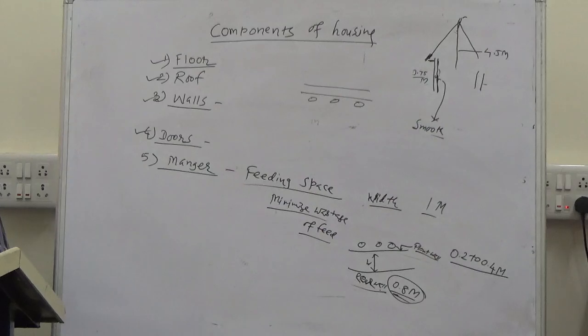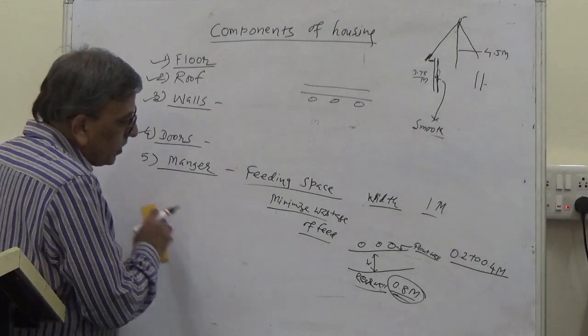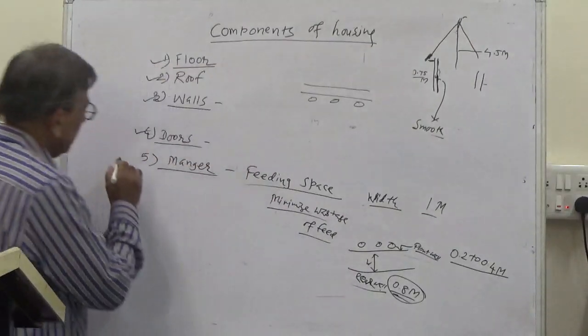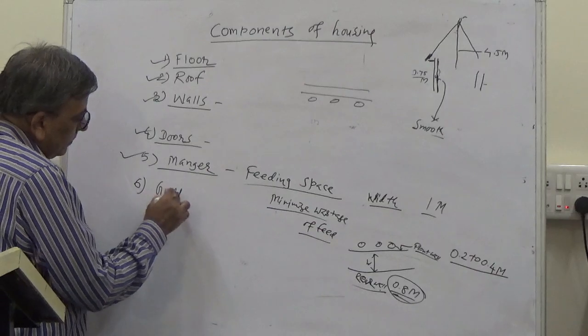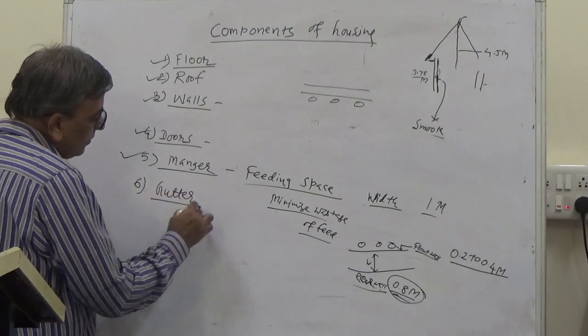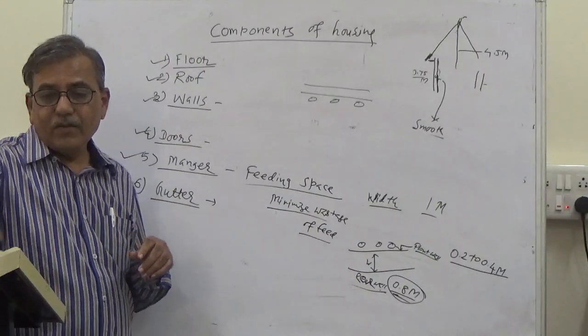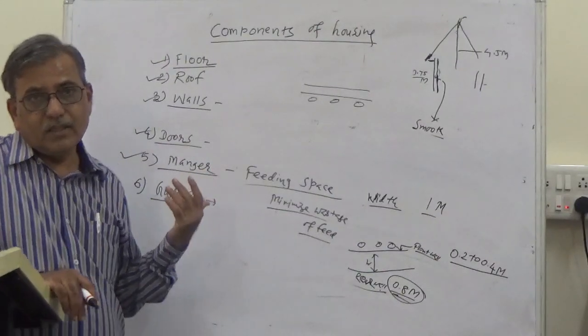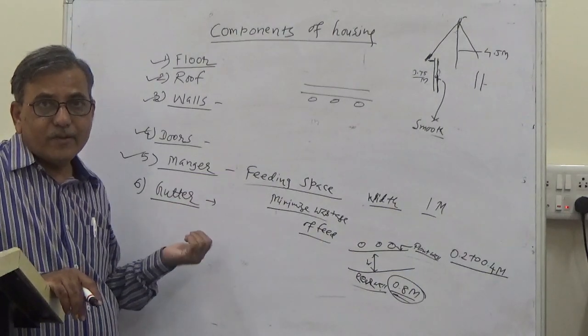Then another important component as far as hygiene of the house is concerned is the gutter. Gutter is the place which carries the waste material of the dairy house, particularly dung and urine.